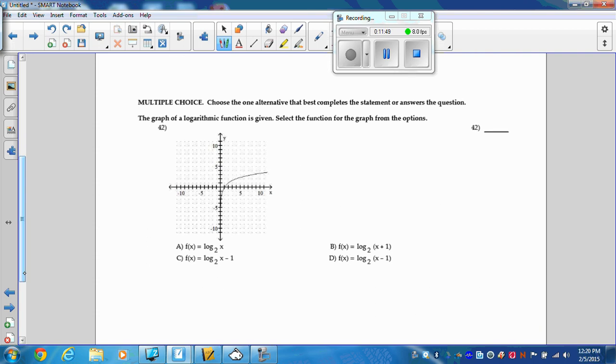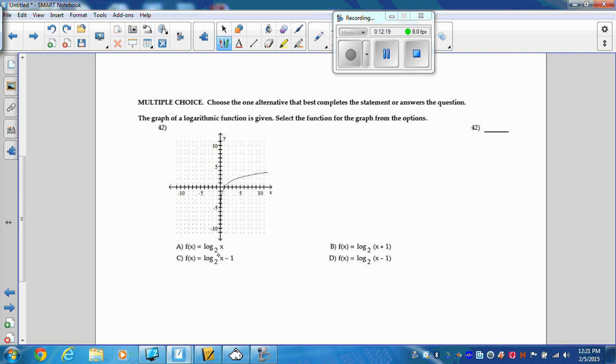Okay, so we have a multiple choice question. Choose the one alternative that best completes the statement or answers the question. The graph of a logarithmic function is given. Select the function for the graph from the options. So think about the parent graph at this point. The parent graph for this one is going to be that log function that doesn't go less than 0.